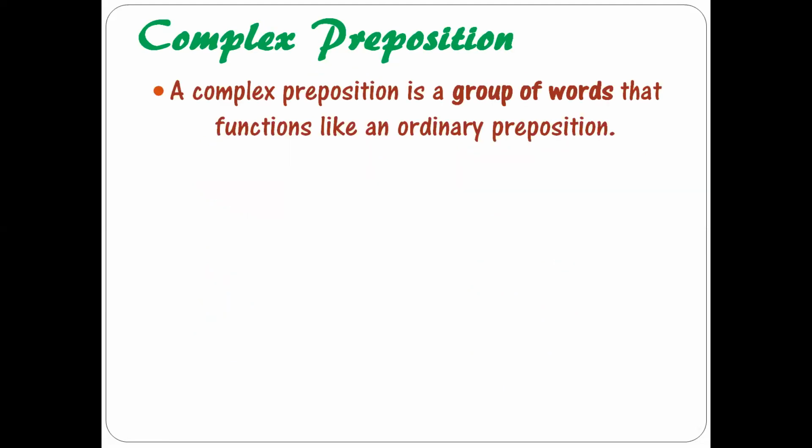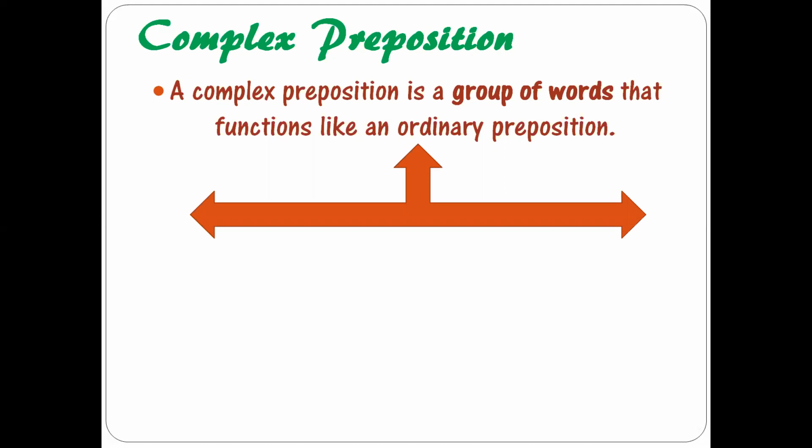So what is a complex preposition? It is a group of words that functions like an ordinary preposition. But the difference is that it is a group of more than one word. So this complex preposition can again be of two types.